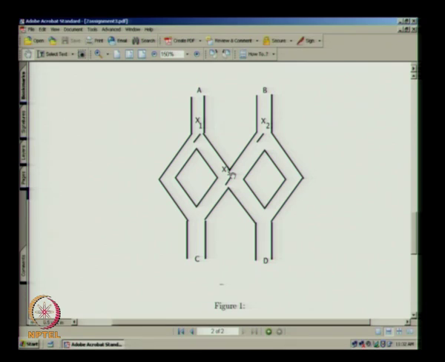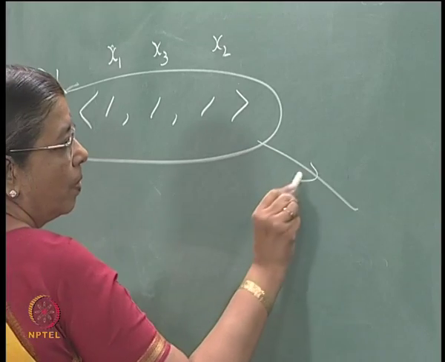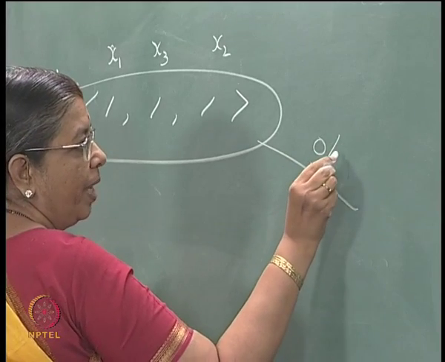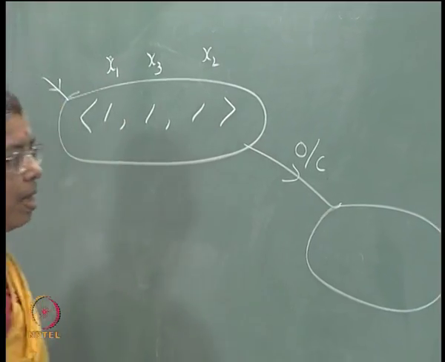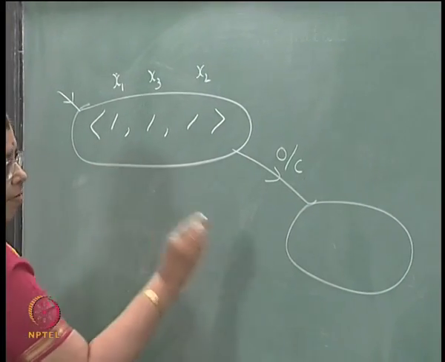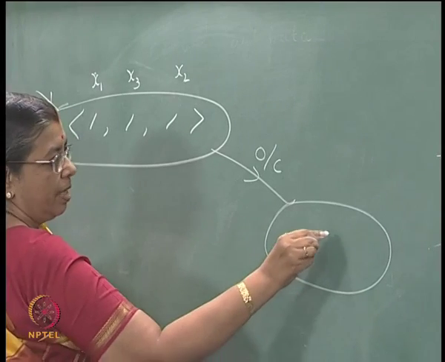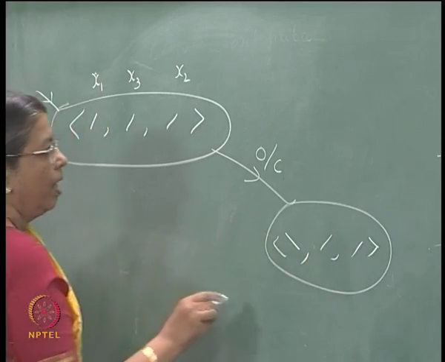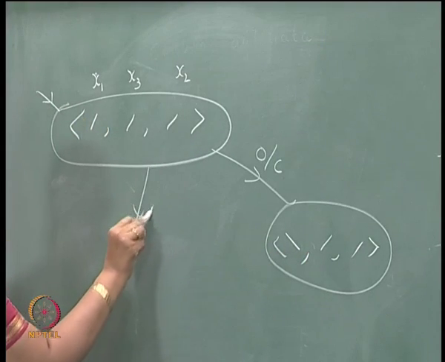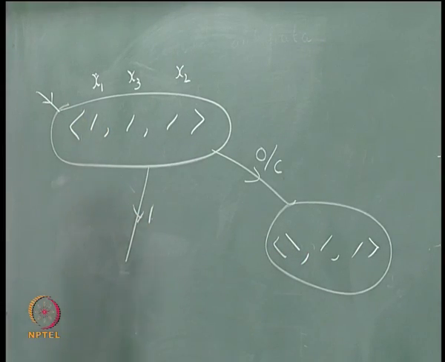So, if you get a 0, the output will be C and you will go to the state where the first one will change to this, and the second and third are unaffected.